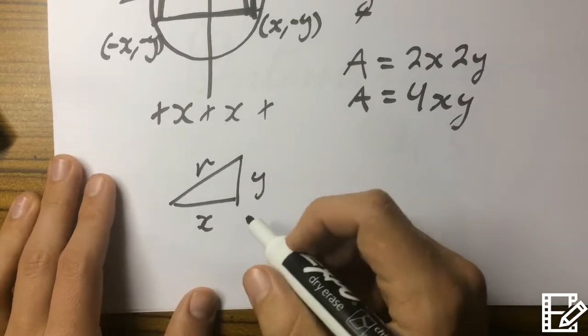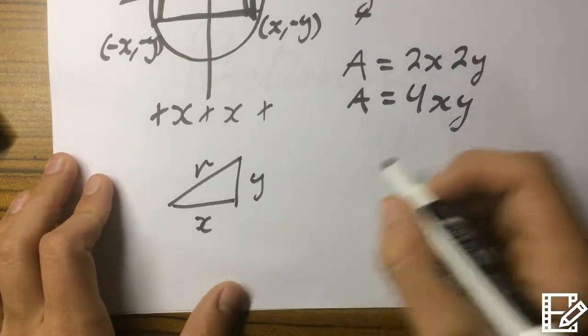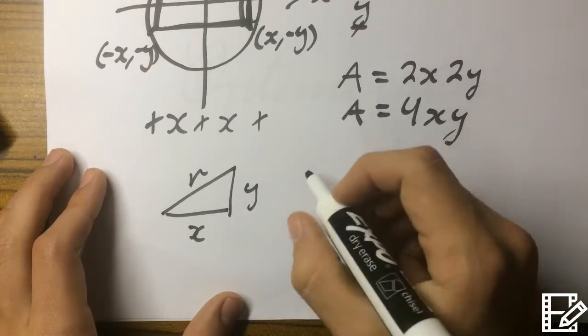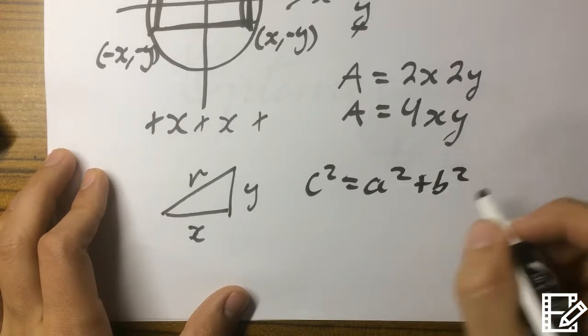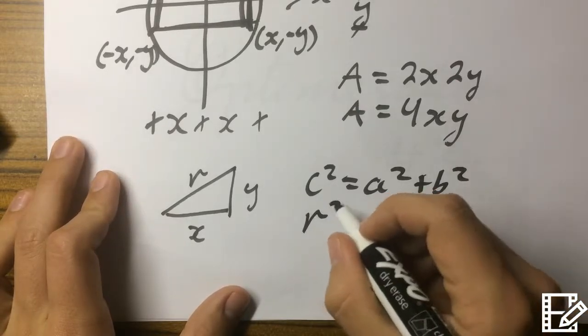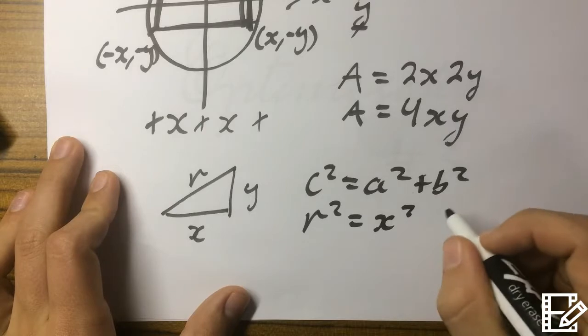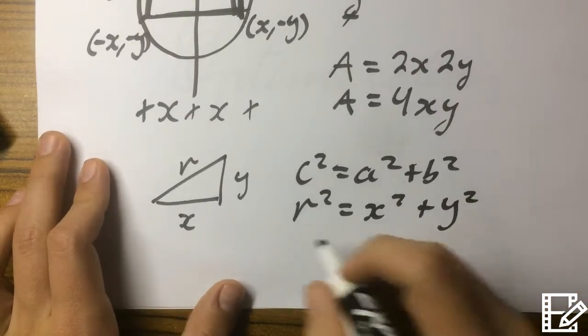Think of it as using Pythagoras. That's c squared equals a squared plus b squared, which is the same as writing r squared equals x squared plus y squared.